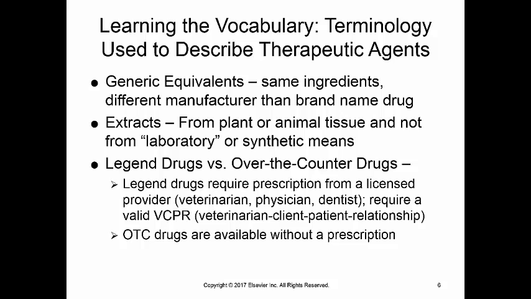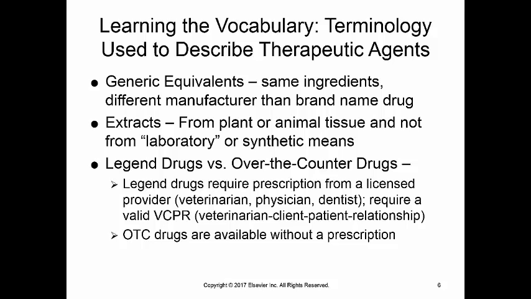In veterinary medicine, to prescribe a legend drug requires a valid VCPR. That stands for veterinary client-patient relationship, meaning that myself as a veterinarian, I must have a relationship with the client and I must have seen and treated that patient within the past year to have a valid veterinary client-patient relationship.